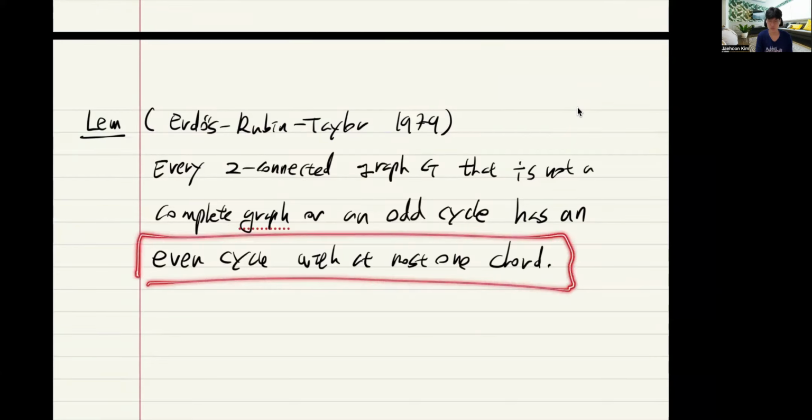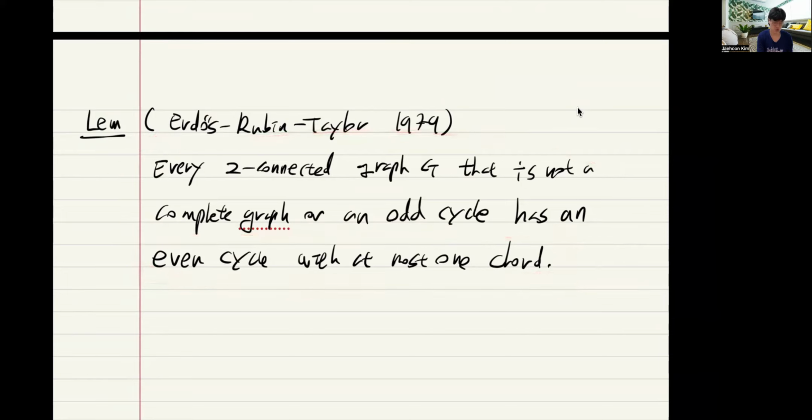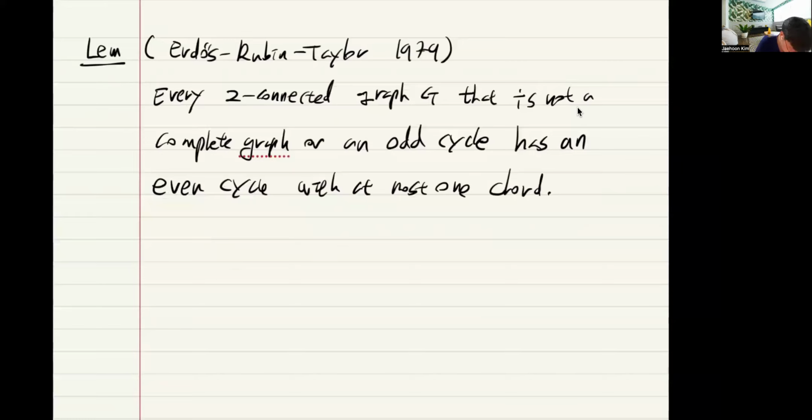This subgraph is degree choosable, which implies that G itself is a degree choosable graph, an important piece for the proof of Brooks theorem.